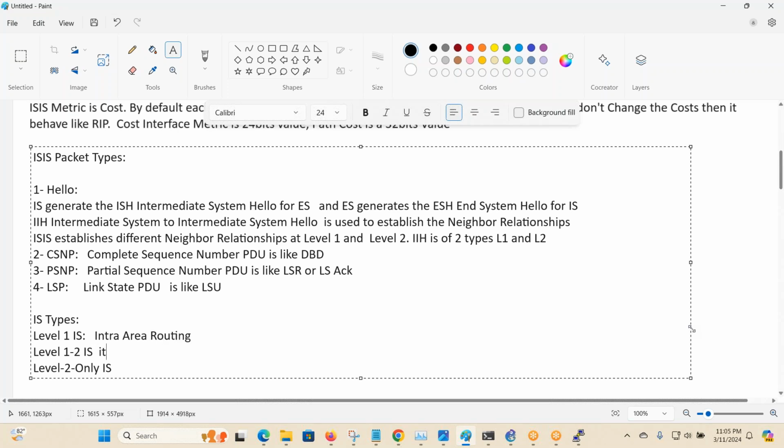Level 1, 2 IS is like an ABR, area border router, and involves in both intra-area and inter-area routing. Level 2 only IS involves only in inter-area routing.